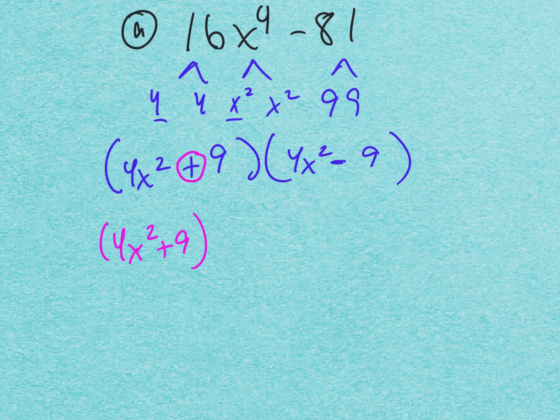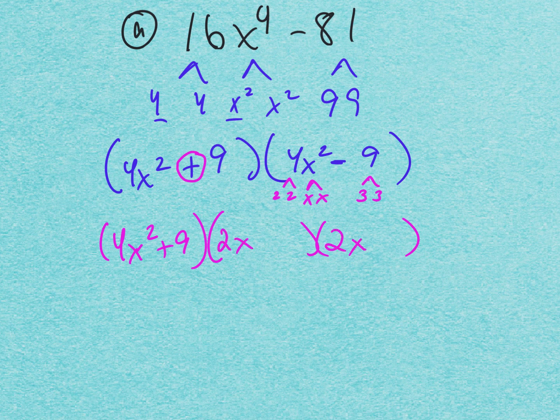But the second parenthesis has perfect squares. What times what is 4? 2 and 2. What times what is x squared? X and x. What times what is 9? Perfect. Is there a minus sign in the middle? Yes. So that means I can break this one down. What's the term that goes in the front of each parenthesis? 2x. Okay.